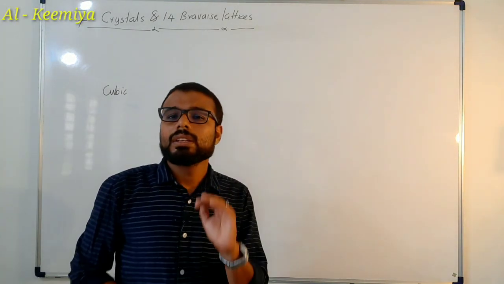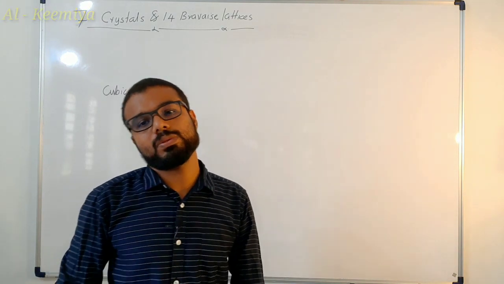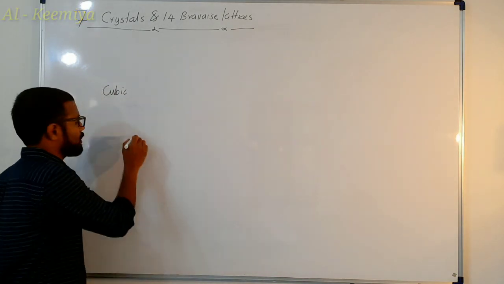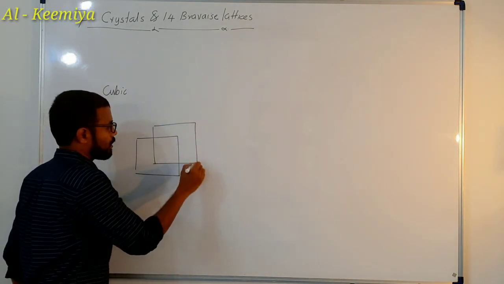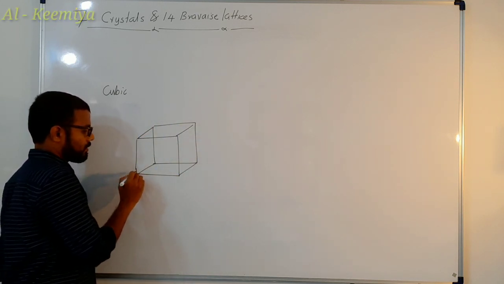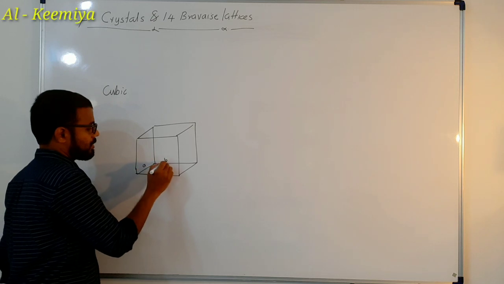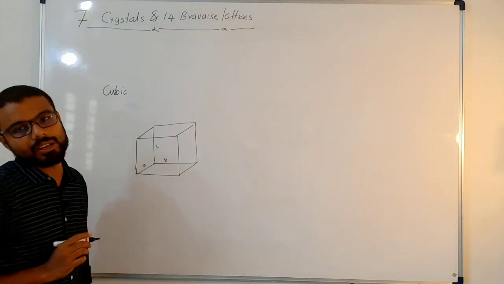In cubic, the axial side A is equal to B is equal to C. That is all the sides. We already discussed. This is A, this is B, this is C. All these lengths are equal.